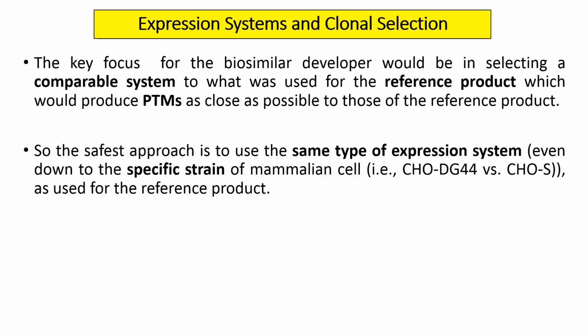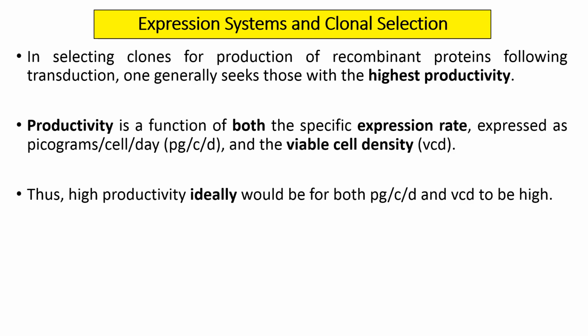To fulfill this, the safest approach is to use the same type of expression system. Sometimes it's not only the same type, it's the same specific strain of mammalian cell, like the example shown here, that was used for the reference.